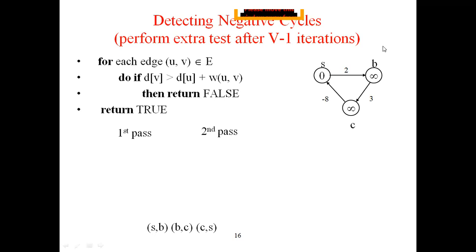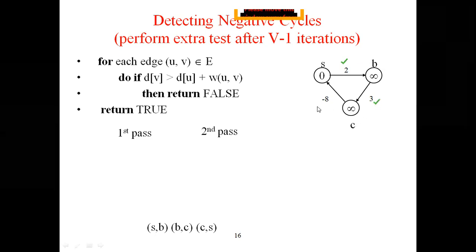See here, this is the graph given. In this graph, check the weights: from vertex S to vertex B, the weight is 2. From vertex B to C, weight 3. From vertex C to S, the weight is minus 8.